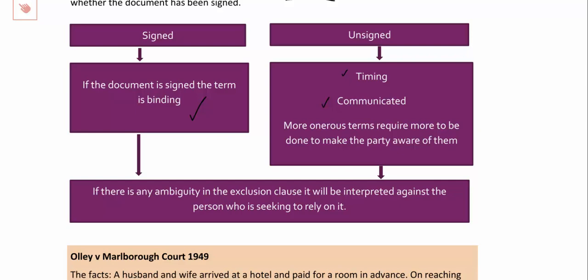So, for instance, if you're just saying we're not liable for damages over £1 million, that's probably fairly normal. You probably could get away with that one in your small print. But if you're saying we're not liable for any damages howsoever caused in any situation whatsoever, then you'd have to do a little bit more to make sure that the customer was aware of that.